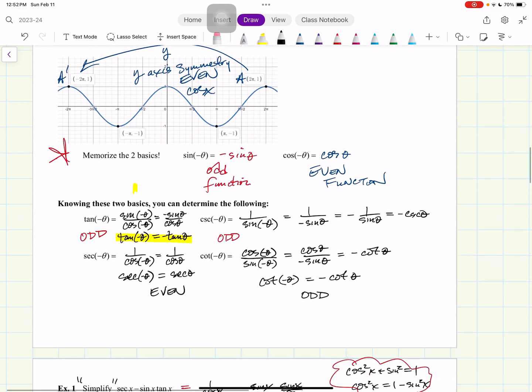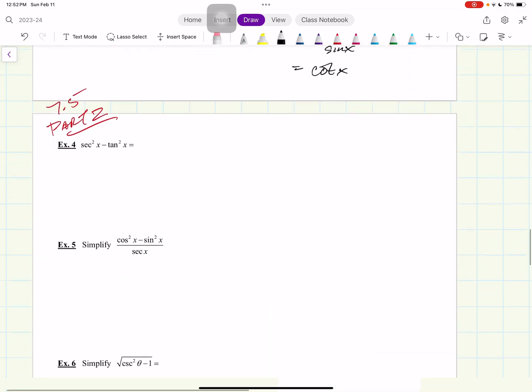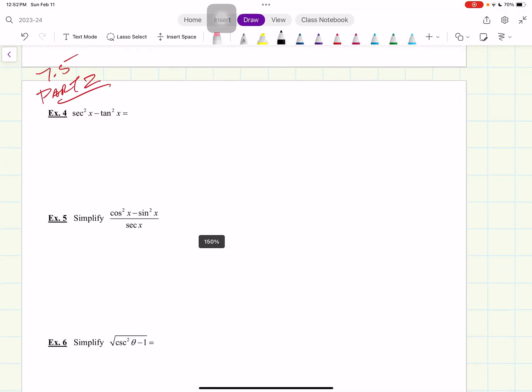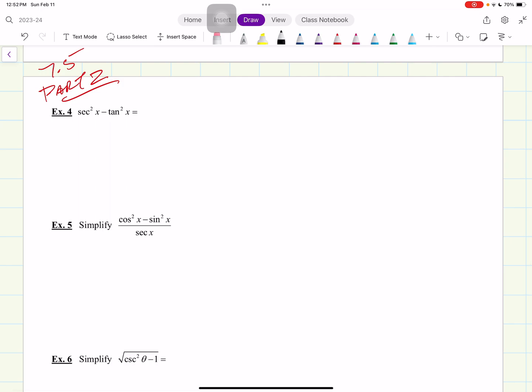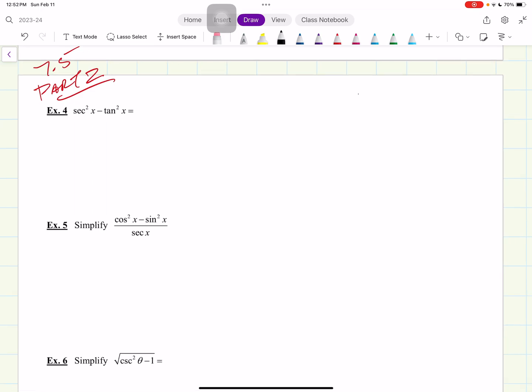Instead of writing things in terms of sine and cosine, which we could do, I'm going to go off to the side and write 1 plus tangent squared x, using x instead of theta, is equal to secant squared x. You can use theta or x. The input variable doesn't matter. It's the concept.